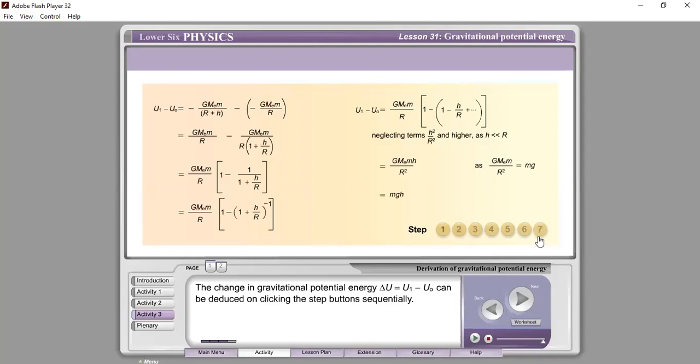U1 minus U0 equals mgh. So as a result, from the derivation, U1 minus U0 is equal to mgh. This derivation is quite long, so we can use another shorter method.